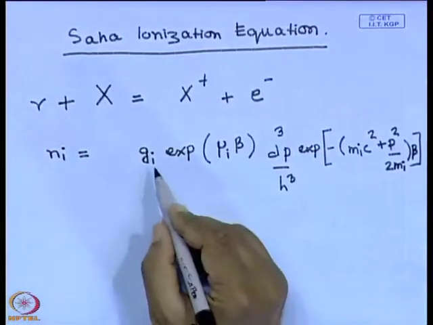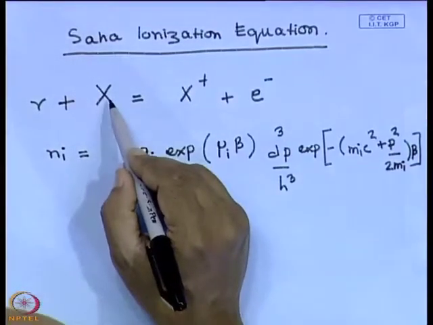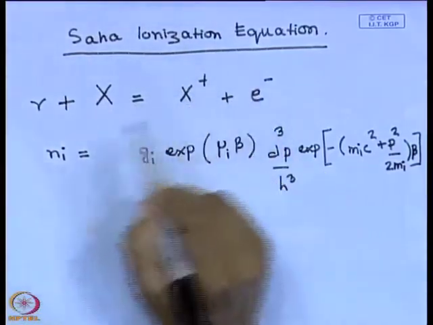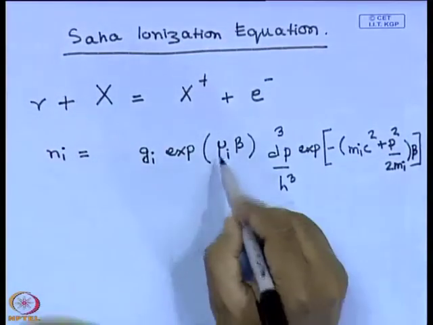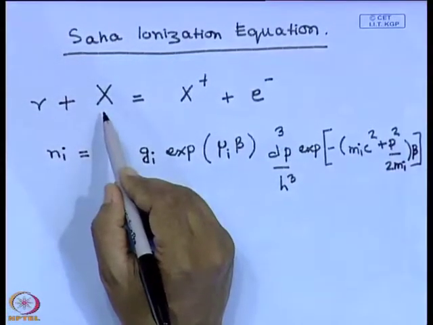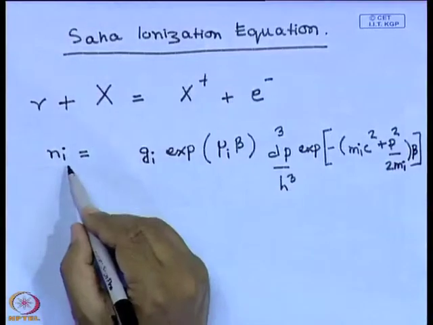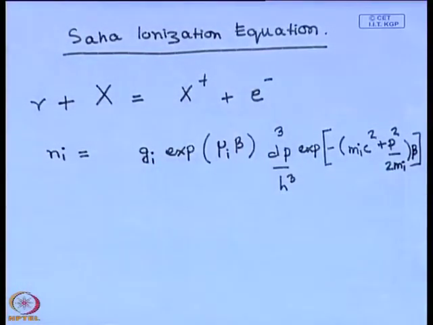Here g_i is the degeneracy of any of these states. So, it is a spin degeneracy g_i. Mu_i is the chemical potential corresponding. So, we are looking at the ith species. g_i is the degeneracy of the ith species.